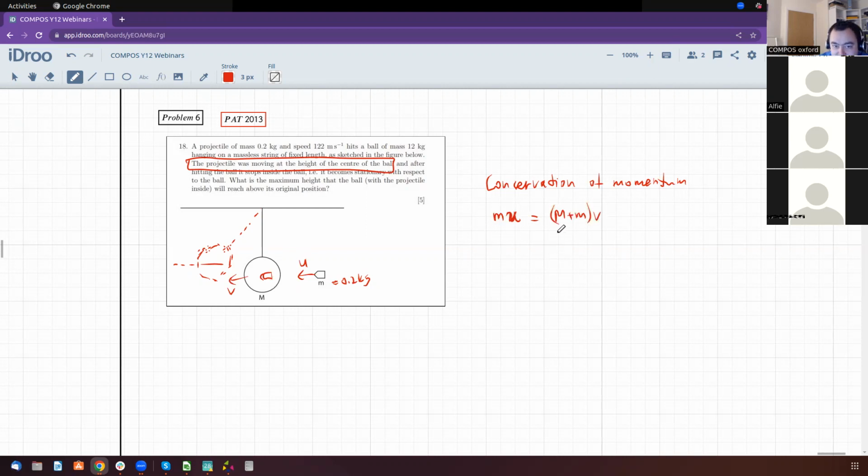Does this equation make sense, or do I need to clarify why? Momentum before, momentum after. So before it's mu, and after it's the total mass, M plus m, times v. If you need me to clarify this, please let me know.